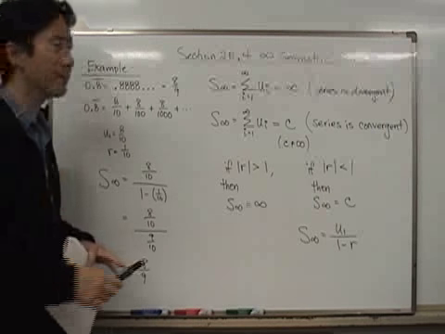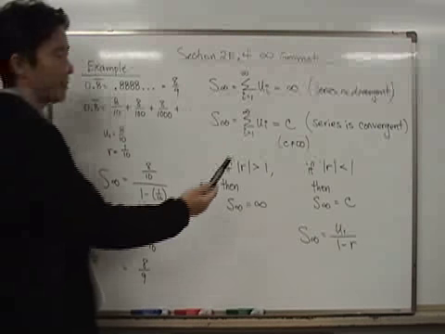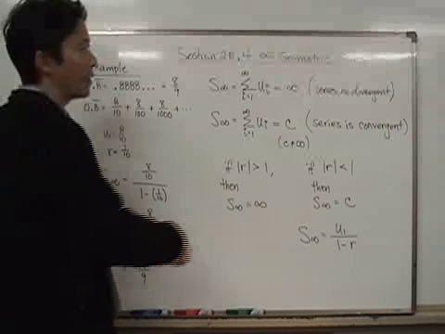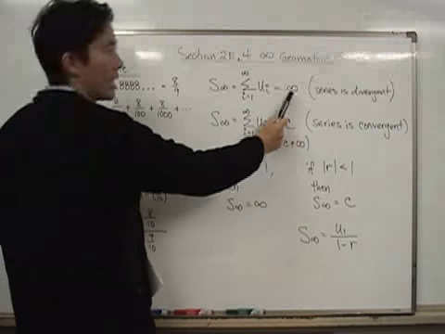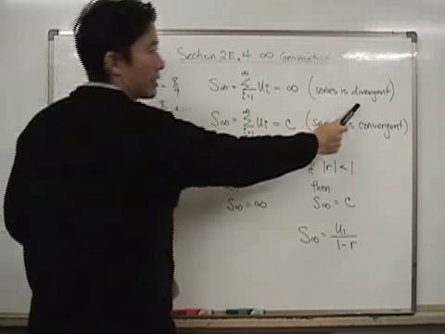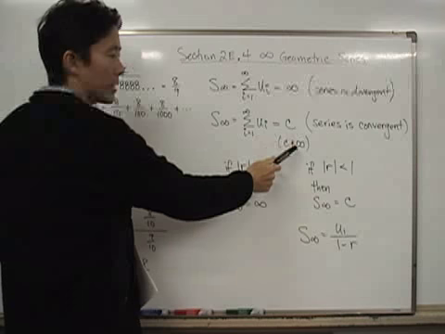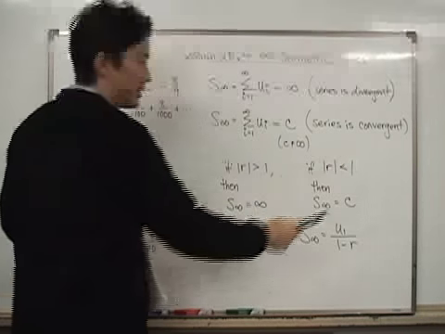So, to wrap things up, remember that we have what is called an infinite series. If an infinite series is equal to infinity, we say that the series is divergent. If it is equal to a number that is not infinity, we say it is convergent.